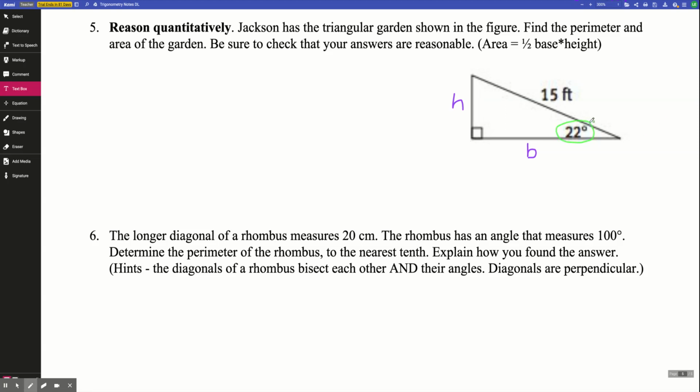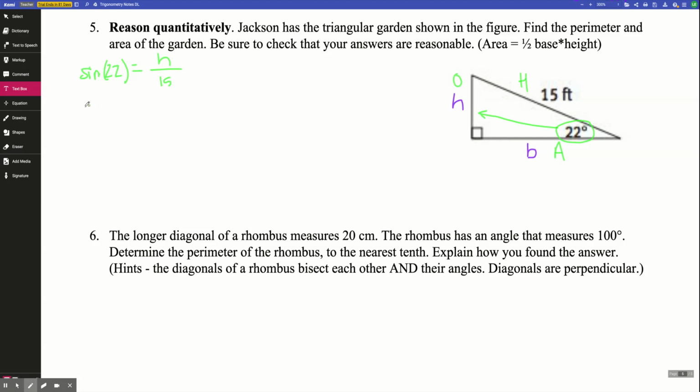So I'm going to go through my steps here and label my triangle. So this is O, this is H, and this is A, okay? So if I want to find the height, I need to use opposite and hypotenuse, so that's sine. So I'm going to do sine of 22 equals opposite, which is H, divided by hypotenuse, which is 15. Okay, I'm going to plug sine of 22 into my calculator.